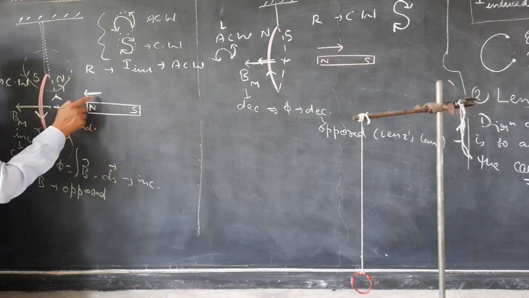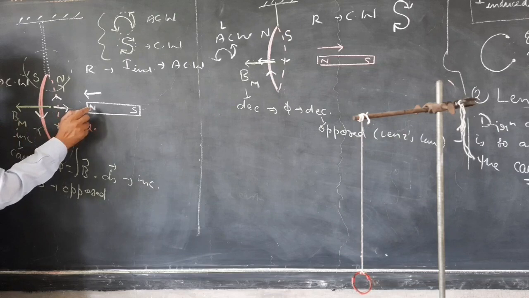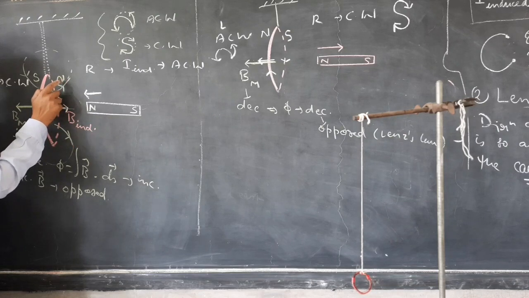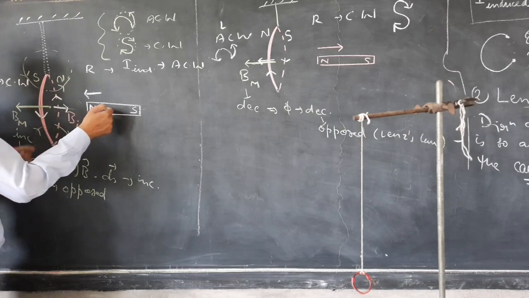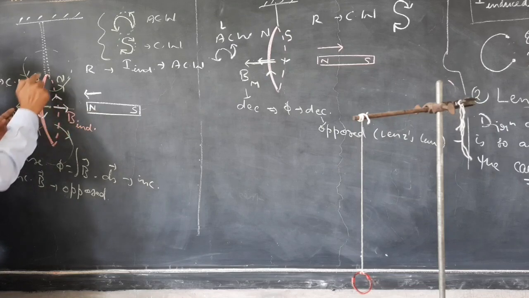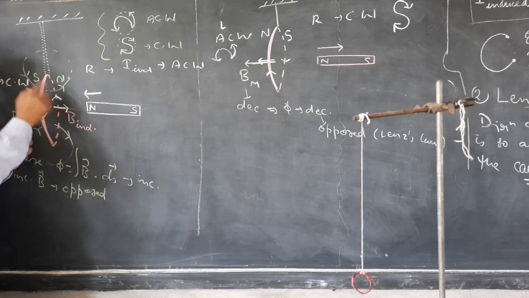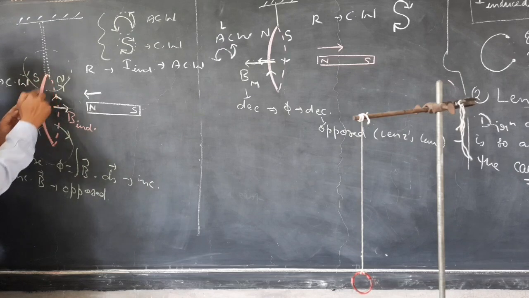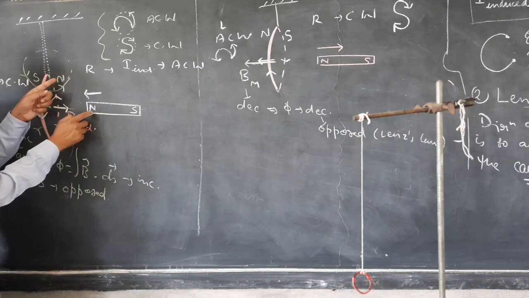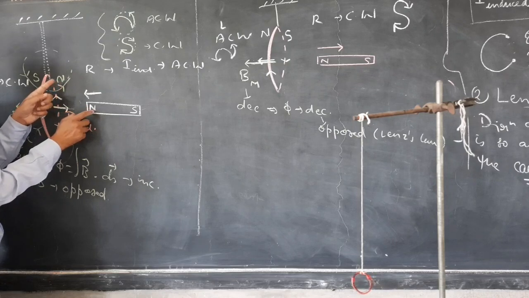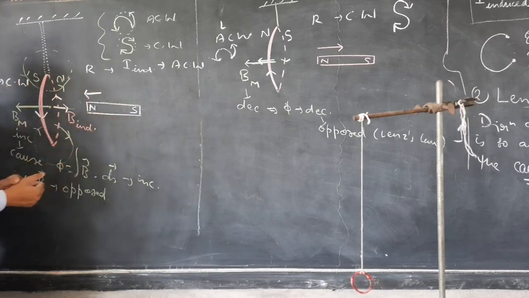If north pole of the magnet is brought closer, please listen carefully, then this side is developing north pole. If it is coming closer, it has to oppose it. The coil says no, stay there. So that is possible only when the face of the coil facing the magnet will develop similar polarity. So north and north, they will repel.